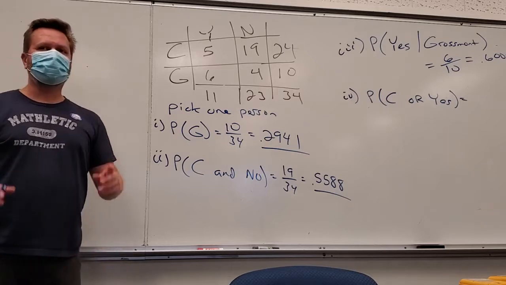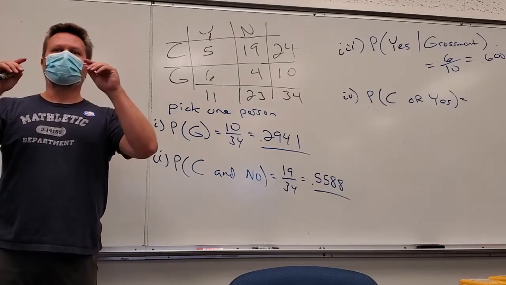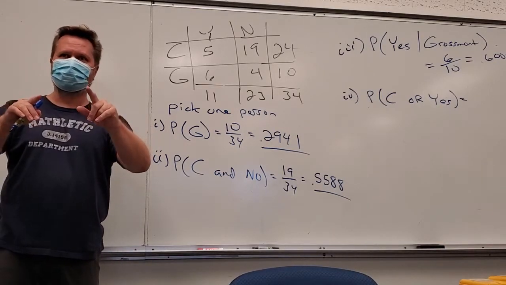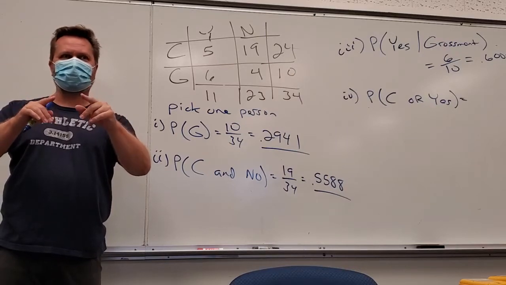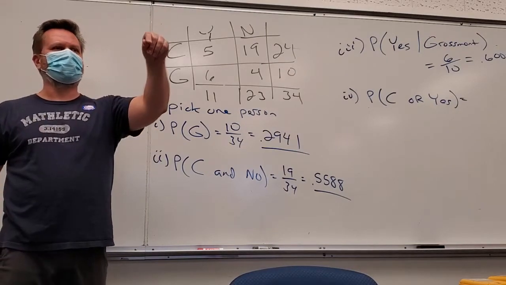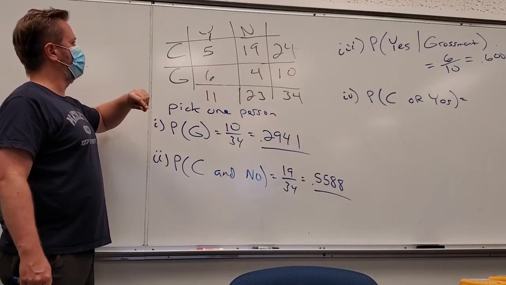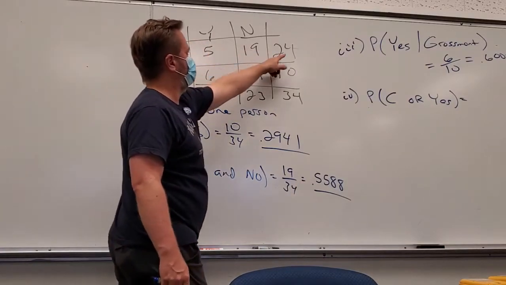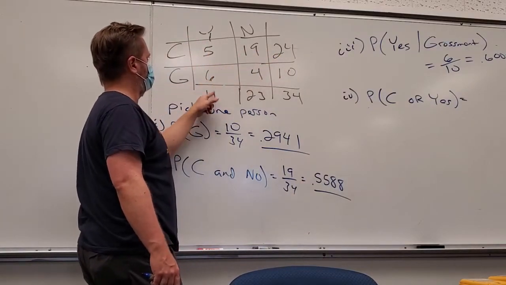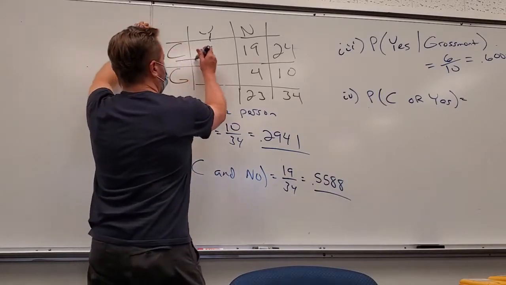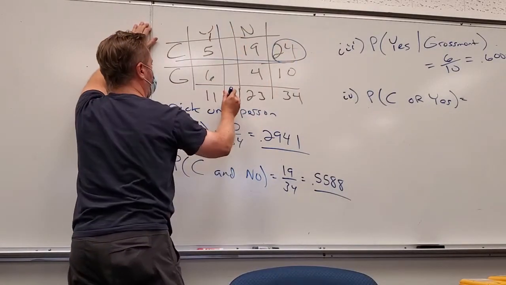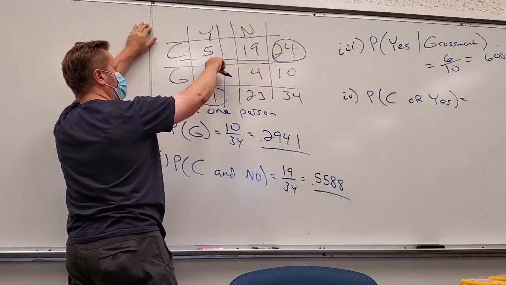Sure. But remember, you add them together. That's a good first step, but not the end. 30 out of 34. How do you get 30? You add up the Cuyamaca students and the yes students, but then you subtract 5. Good. If I add these students to these students, didn't I add these twice?